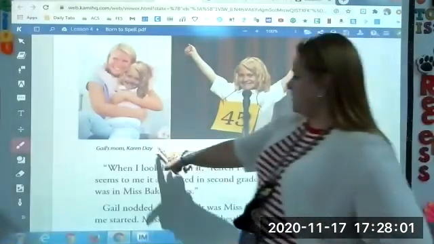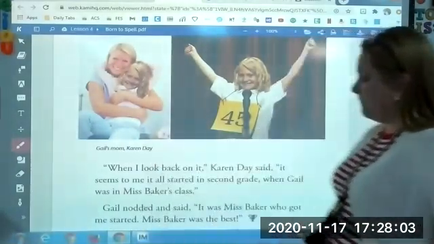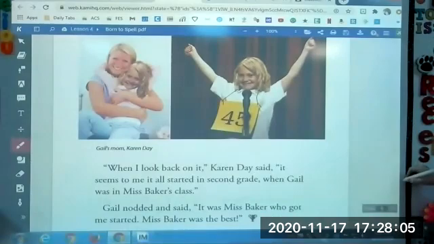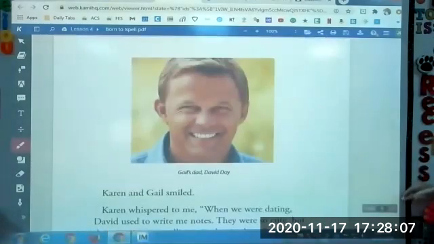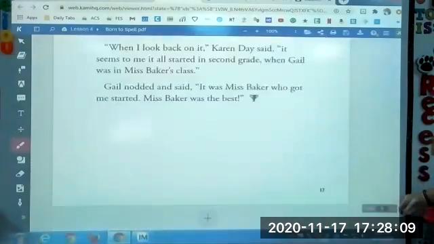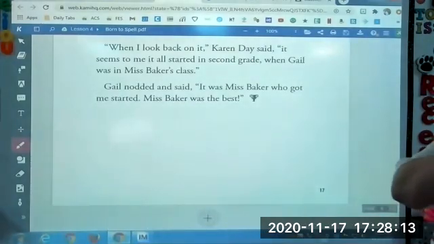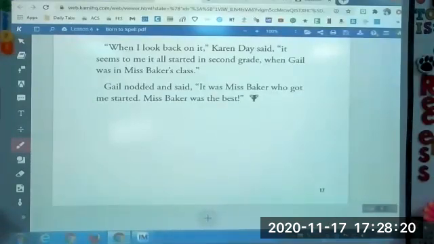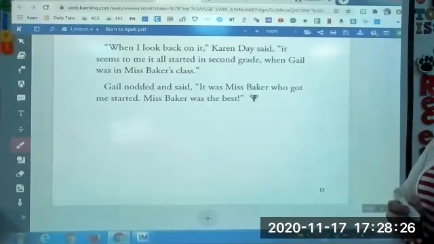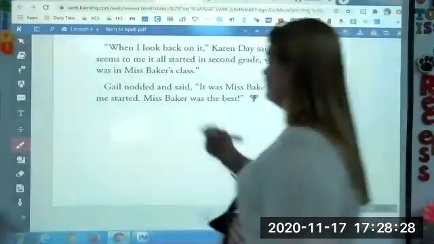This is Gail's mom, Karen Day. When I look back on it, Karen Day said, it seems to me it all started in second grade when Gail was in Miss Baker's class. Gail nodded and said, it was Miss Baker who got me started. Miss Baker was the best.